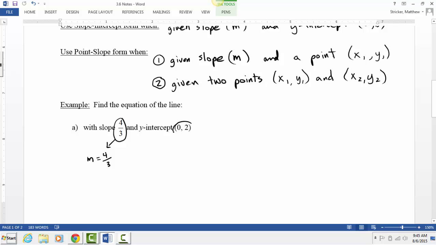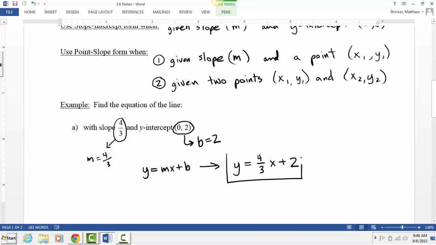And then we are also given this information. It tells us that b is equal to 2.